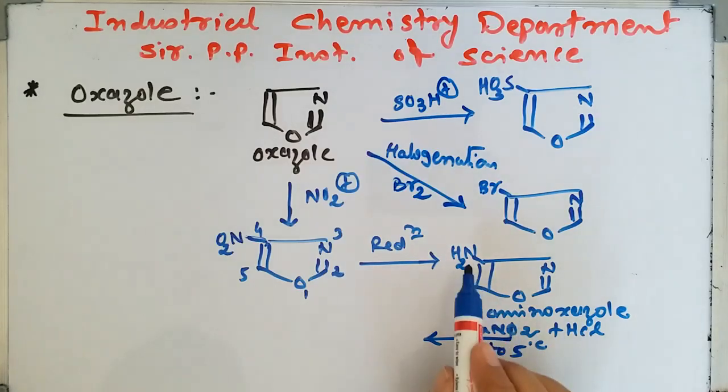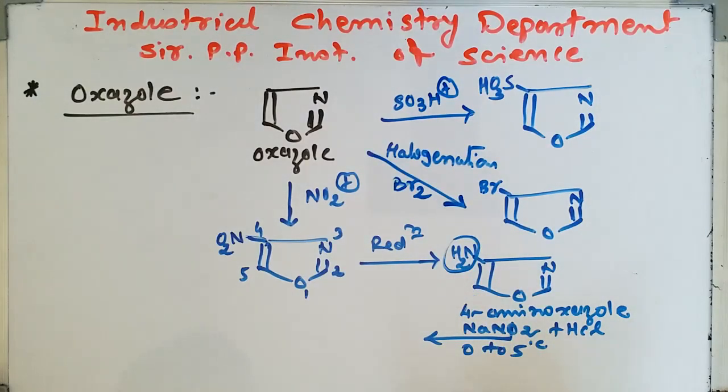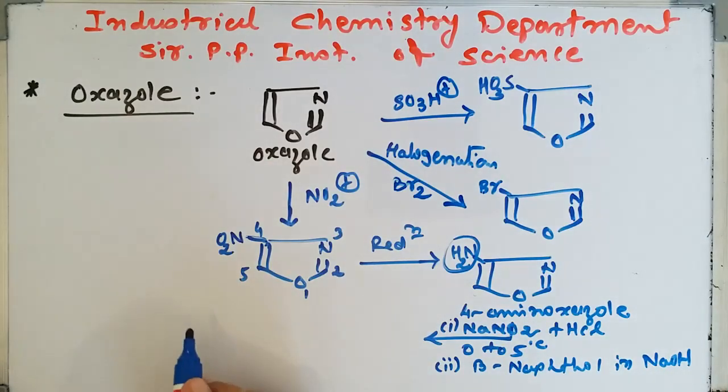First of all, it is converted into the diazonium chloride, N double bond N Cl, and then treated with beta naphthol in NaOH, which gives azo dyes.